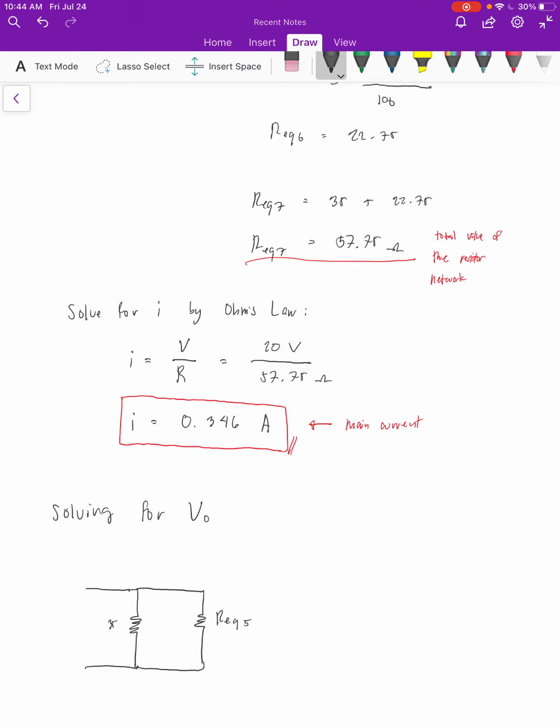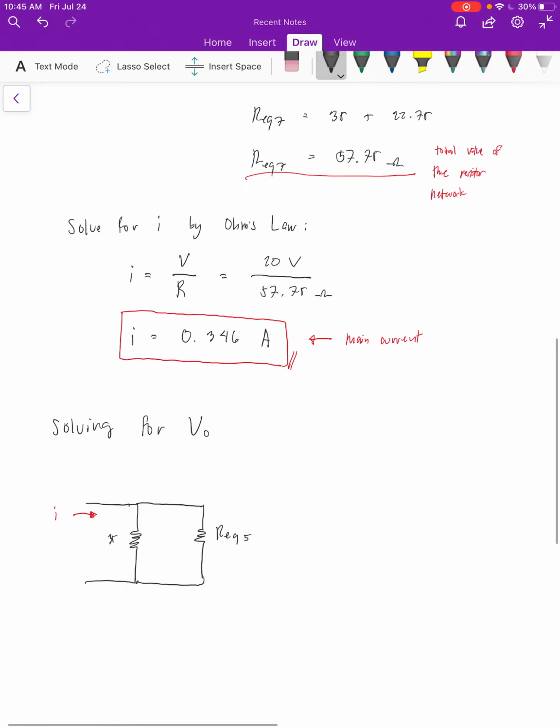Notice that I've talked about REQ6 earlier, but if we are going to expand the resistor network equivalent to REQ6, that will be equal to the parallel equivalent of 35 ohms and the resistor network REQ5. So just to draw the current here, that's the current I that we just solved not very long time ago.